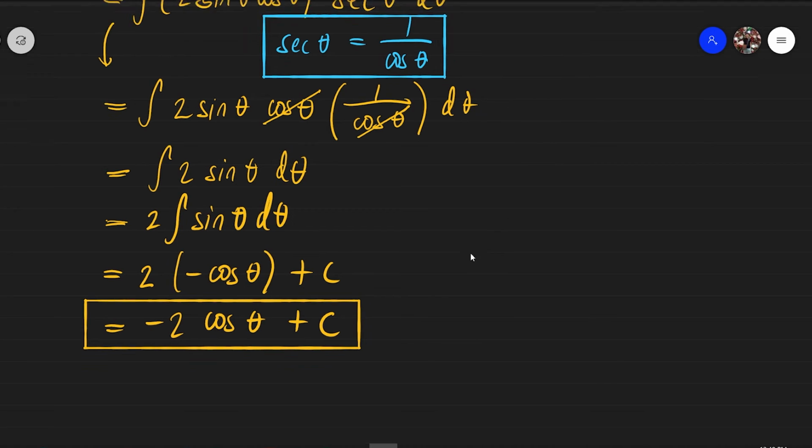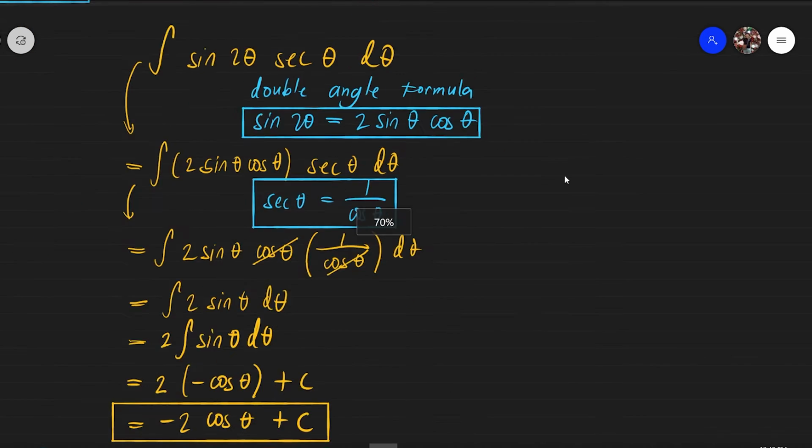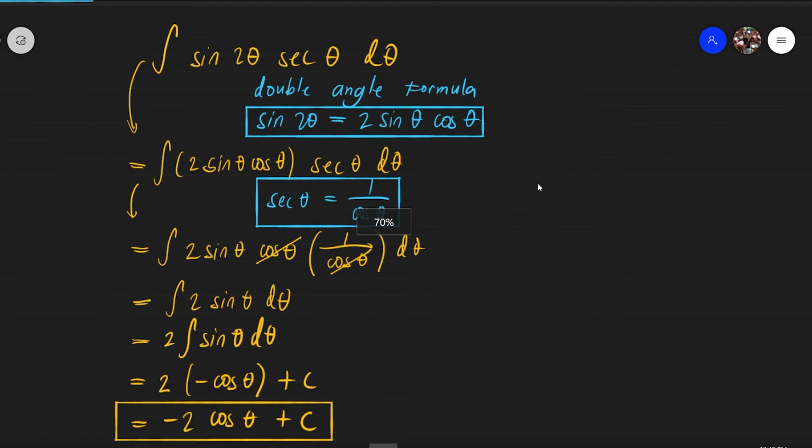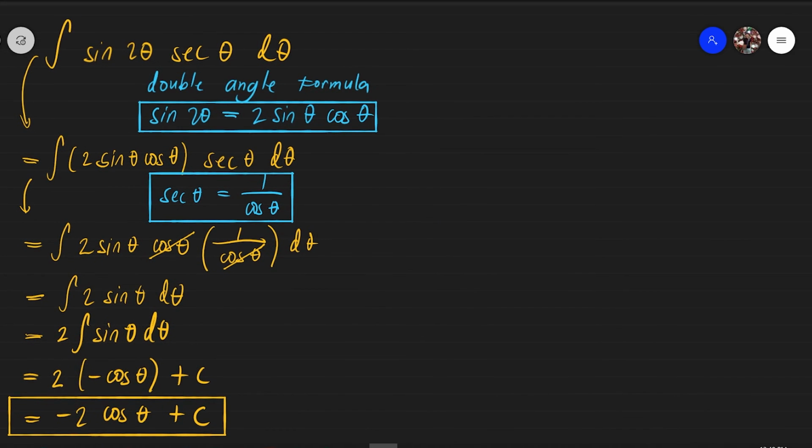Okay, so let us try to check our answer if this is indeed correct. If we differentiate our answer, which is negative 2 cosine theta plus c, I'll put negative 2 outside of the differential.